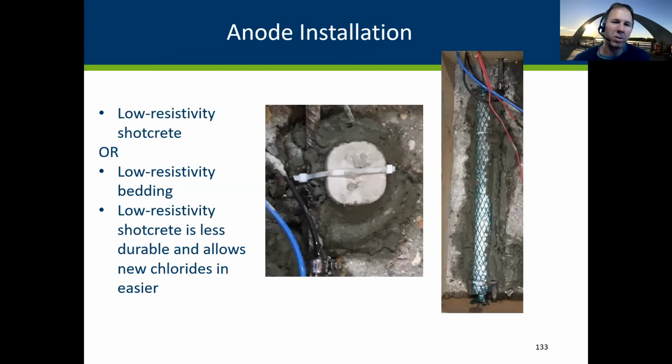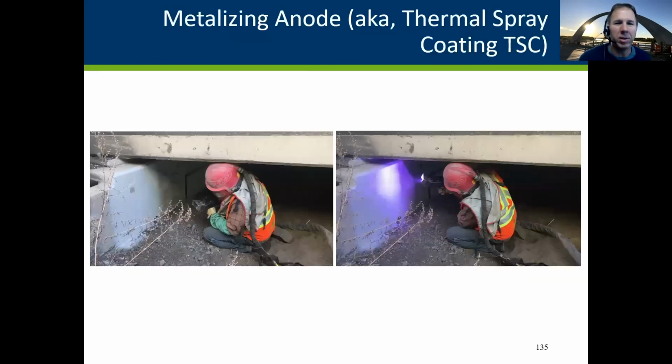So we want a low resistivity bedding for these anodes for that area that's in contact with the old concrete. It's a hard concept to get, but that's the best placement practice, is that you butter up the anode with a low resistivity mortar prior to shotcreting over the whole repair, and limit how much of that low resistivity mortar you actually use.